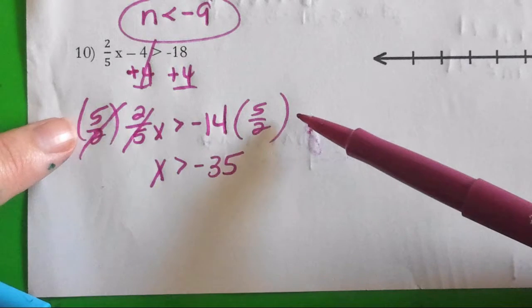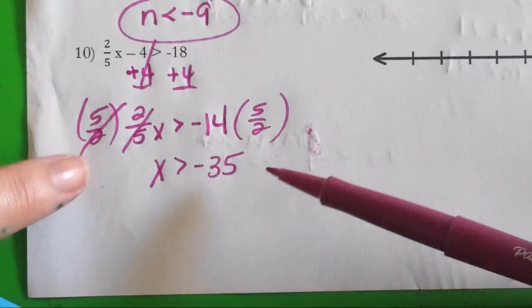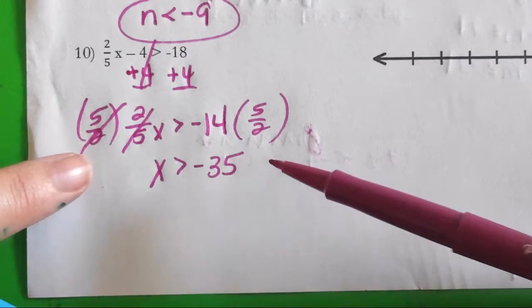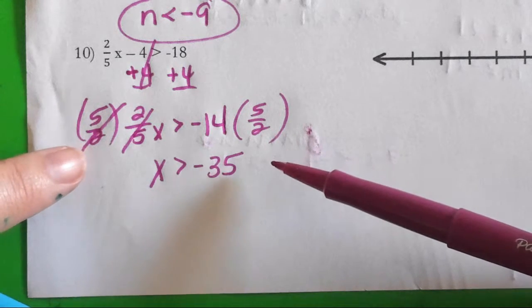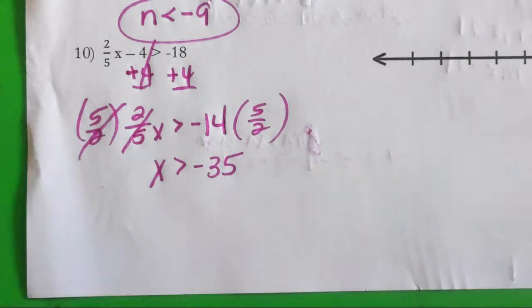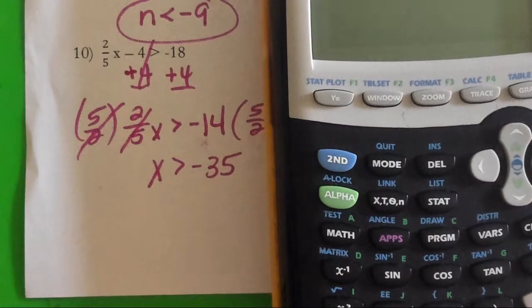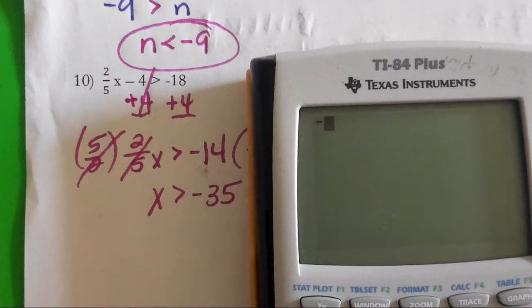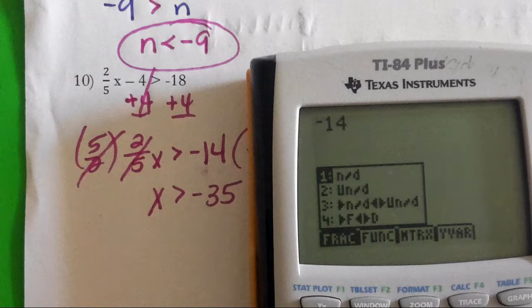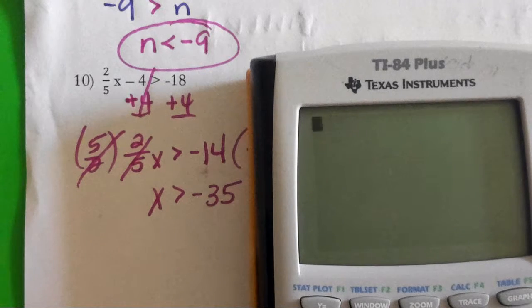Is everyone good with that? But again, if fractions are not your friends, we talked about how to type in fractions in the calculator. You could always take the fancy calculator. Negative 14, then if you press alpha y equals, you can type in a fraction.